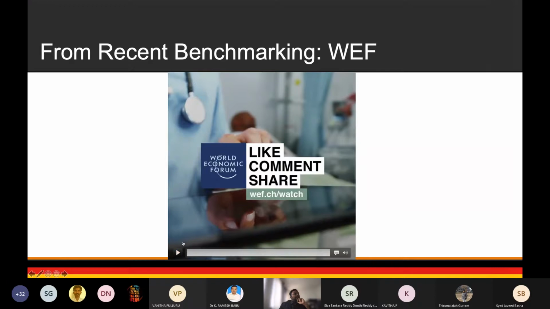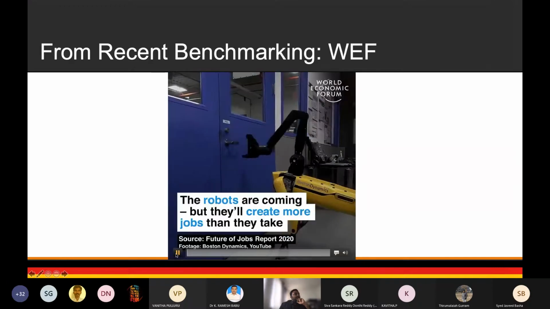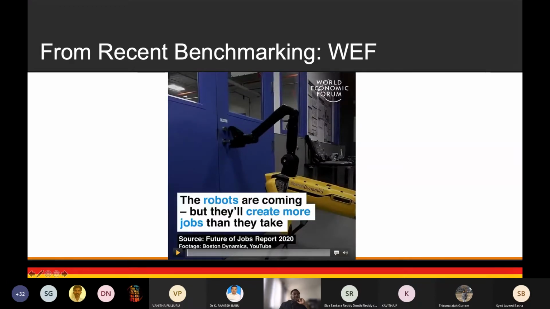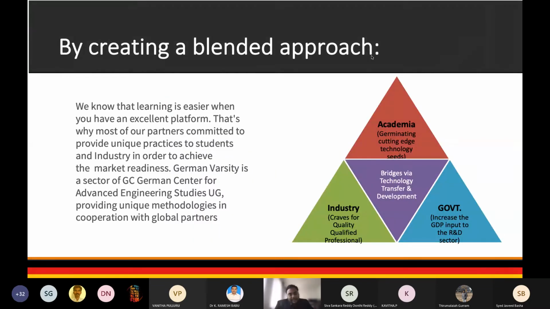Do you see? So many millions of jobs require some kind of reskilling, more than 50%, and not only a single disruption, a dozen disruptions are going on. We are losing jobs, but we are also creating jobs, and we need to open our eyes and look forward to the new things.